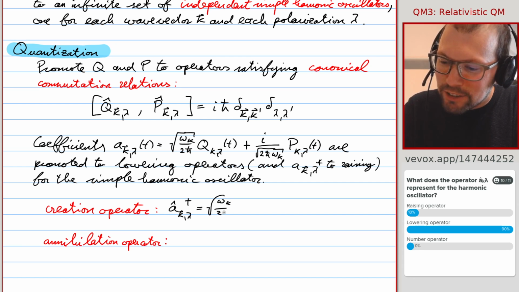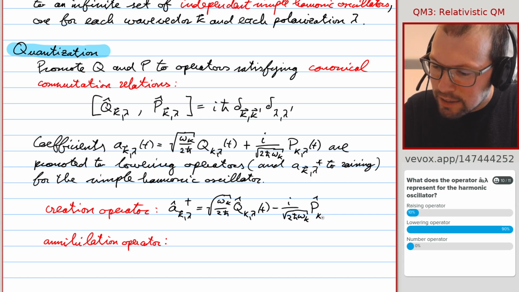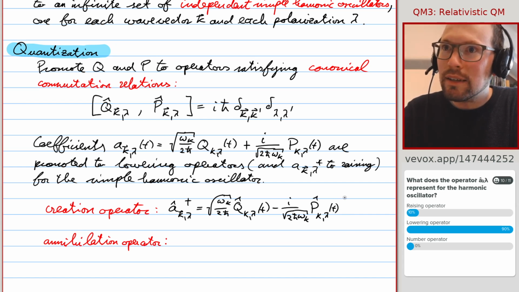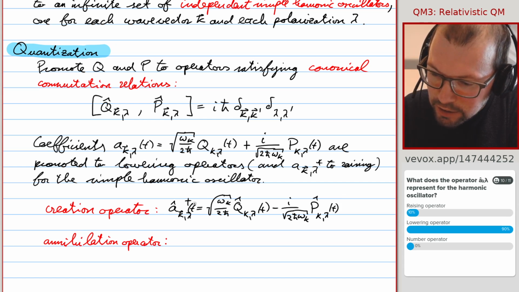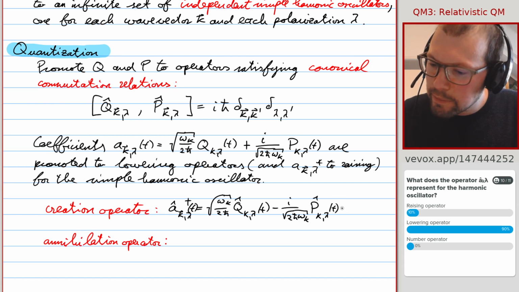So this one is really given by the one with the minus sign. Sorry, this is the version which has the time dependence. So it's like the Heisenberg operator.